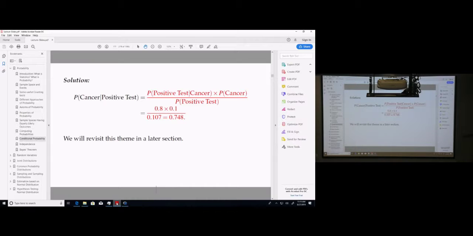Now, this is just the tool itself. But for someone undergoing the diagnostic test, this is the most interesting thing: if you are tested positive, you want to assess whether you have cancer, right? So we will come back to this in a later session after we introduce Bayes' theorem.